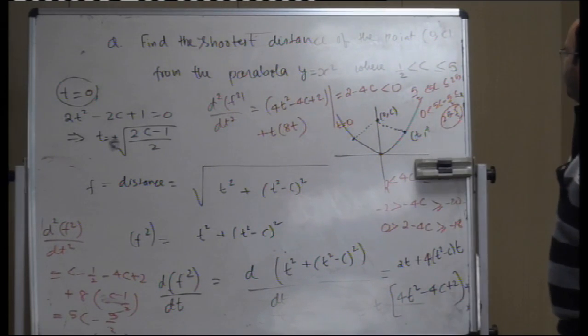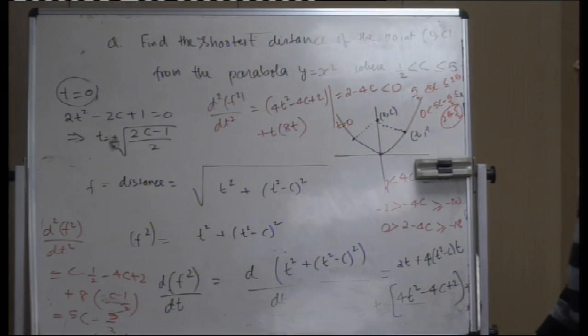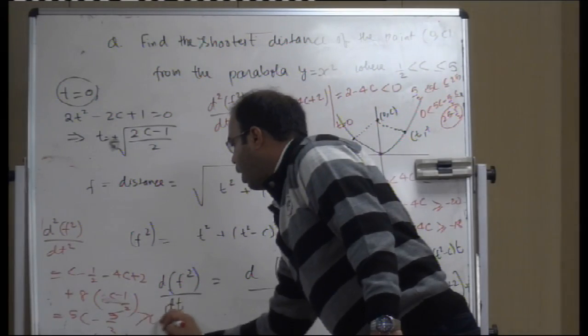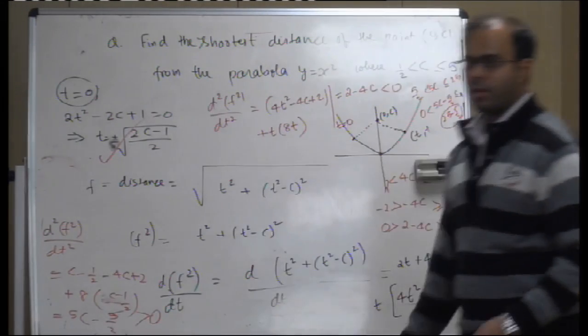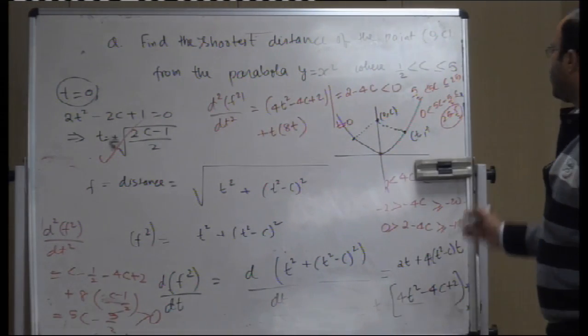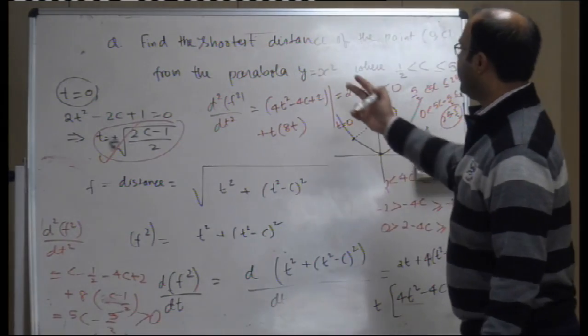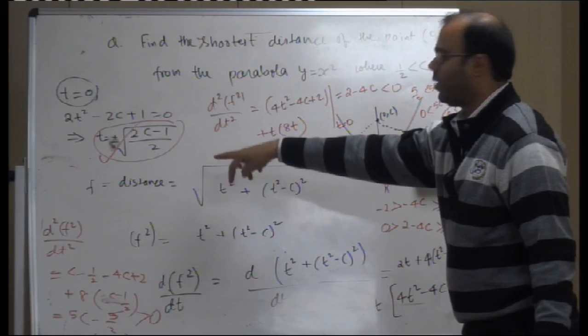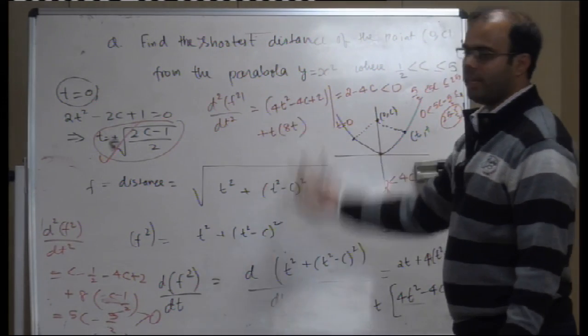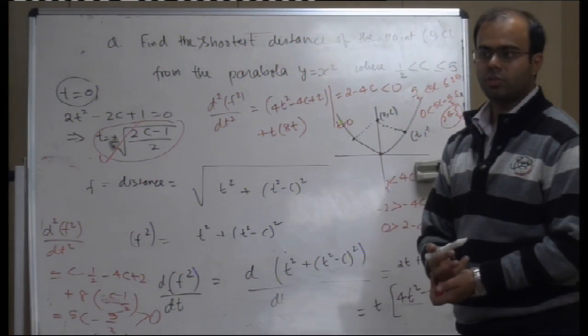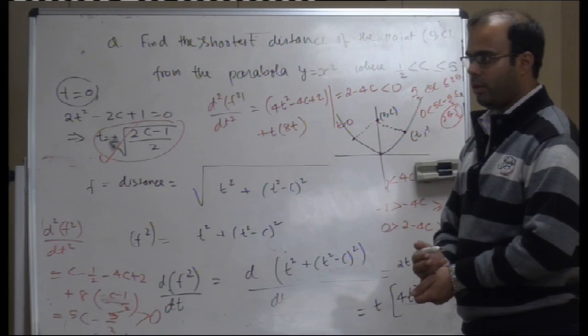So 5c minus 5 by 2 is a positive value. So this is actually a positive value at this point, which means that this is a point of local minima. That point is actually root over 2c minus 1 by 2 comma 2c minus 1 by 2. The y coordinate is actually without square root. I hope it's clear now.